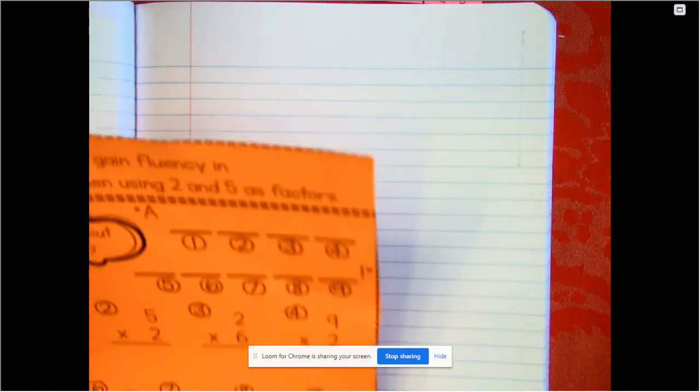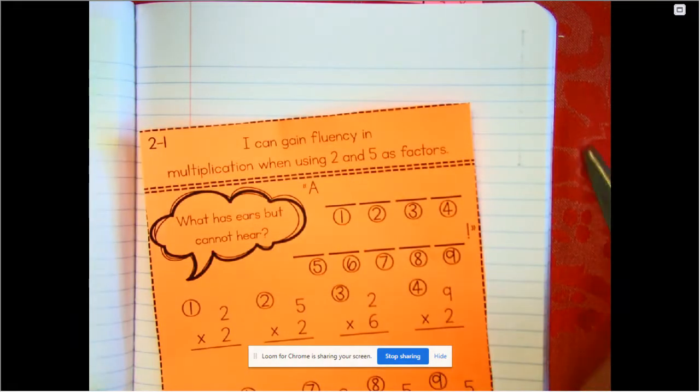We're going to cut that out. Okay, and then you're just going to discard that extra piece.